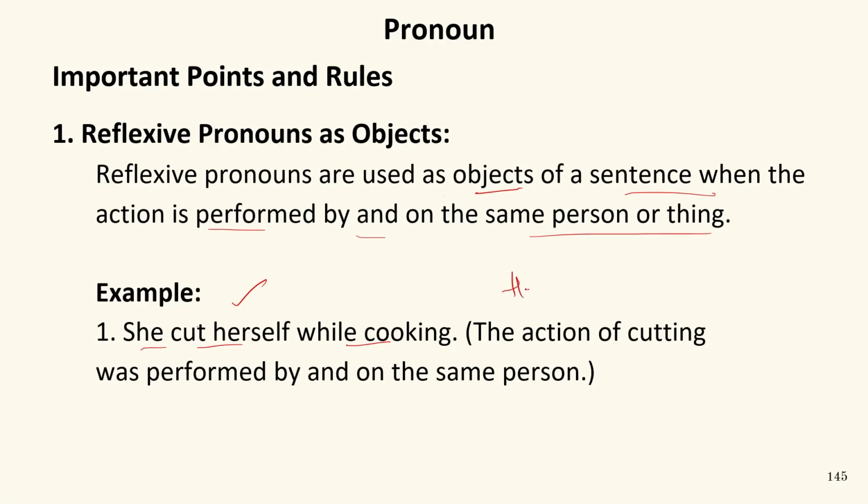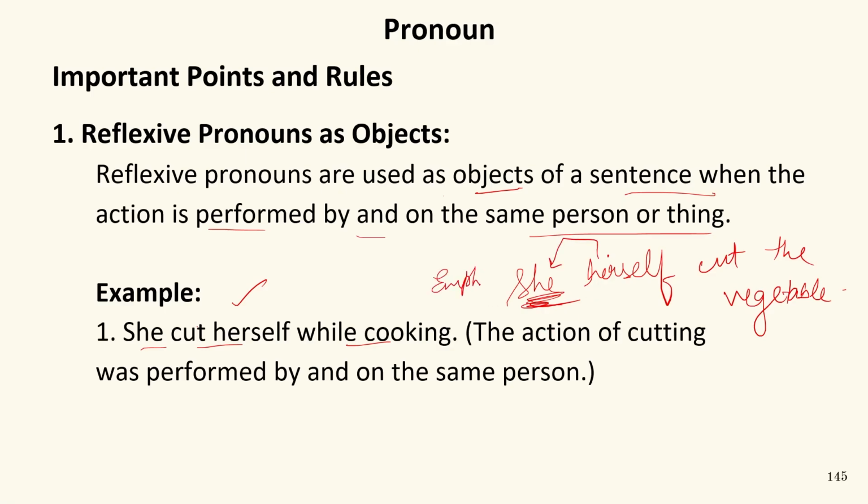Now if I write, she herself cut the vegetables, it means that she is the one who cut the vegetables. She is the one. So here herself is focusing on the word she. This is called emphasizing pronoun.